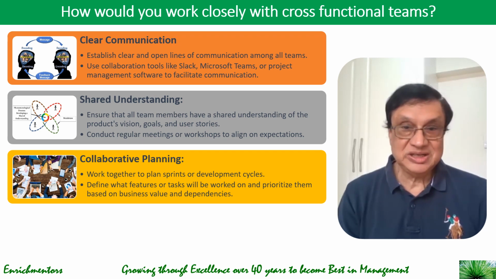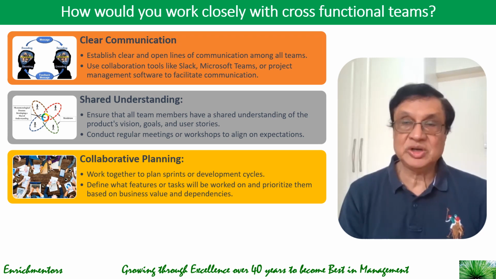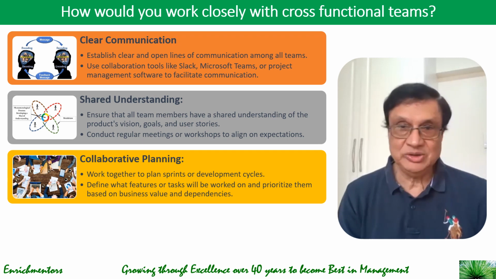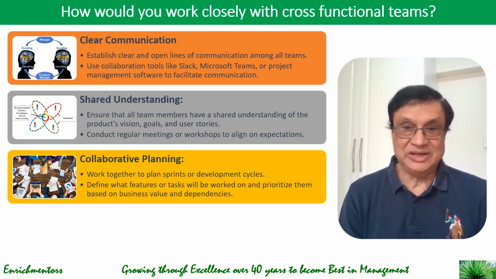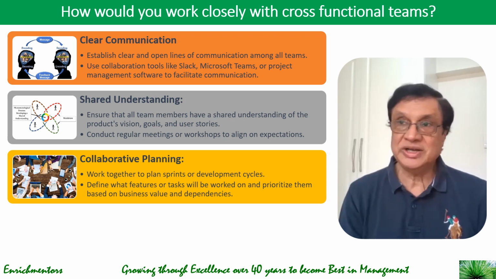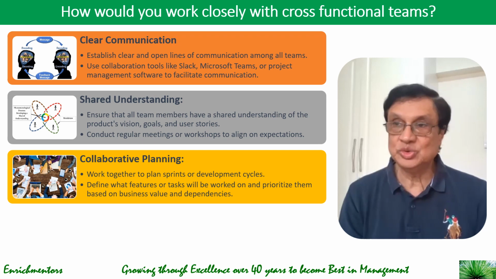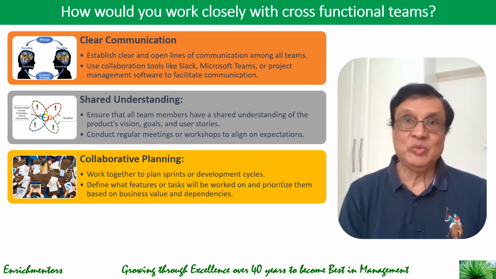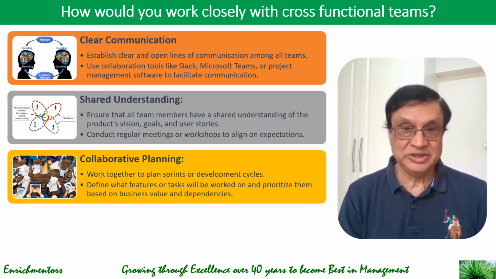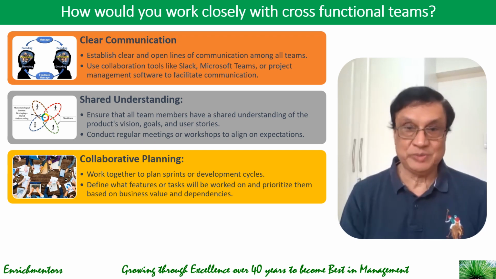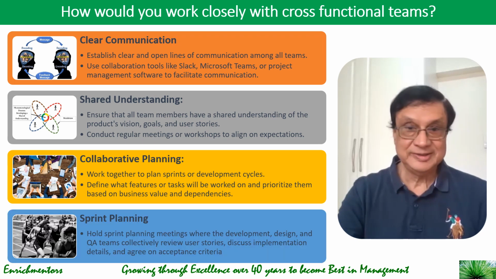And in these collaborative planning sessions, you need to define what features and tasks will be worked on. So you need to decide on the work that will be taken by the team and prioritize the work based on the business value and dependencies. So what needs to come first, what can be done later, and what is more important to be delivered in terms of business value in line with the product goals and vision.